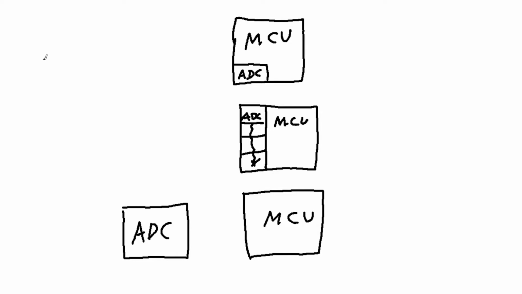Now, in the case of the first example on the top, you're pretty much limited to whatever sample rate the ADC is clocked at. In the second one, they may or may not have options to sync all of these various ADCs together, and I'll get to how you do that later on. But then in the third one, you're only limited by the speed that you can communicate between your ADC and your MCU.